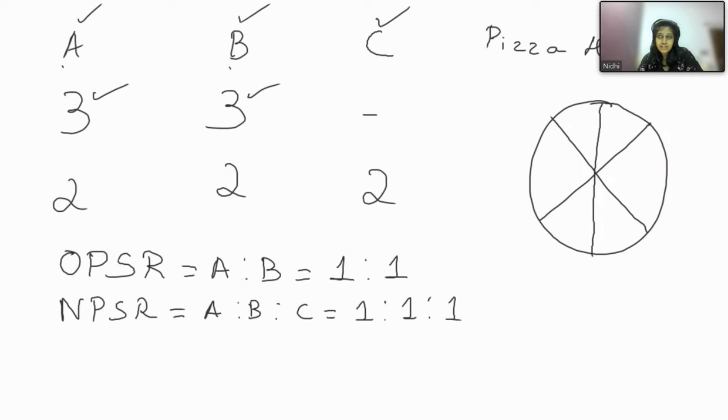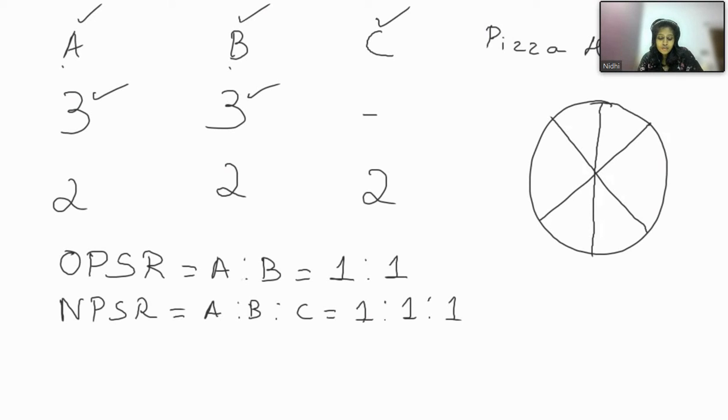All of them are getting equal slices, so all of them are sharing profits and losses equally. So what is the new profit sharing ratio among A, B and C? 1:1:1. Always remember, new profit sharing ratio must always include the new partner's share. If it is not including the new partner's share, then it is not called new profit sharing ratio.